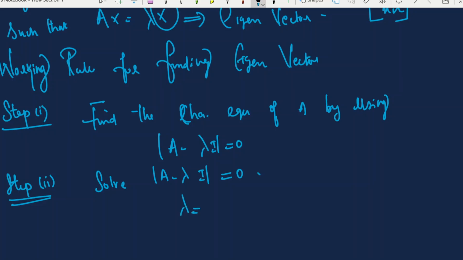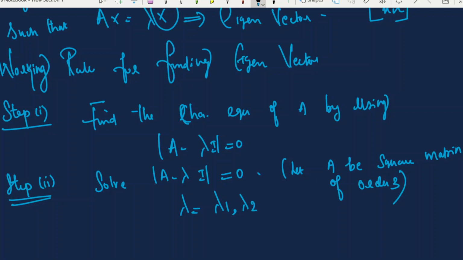So lambda equals lambda 1, and so on. Let A be a square matrix of order 3. Order 3 means we will get a cubic equation. So after solving this cubic equation, we will get 3 values for lambda.